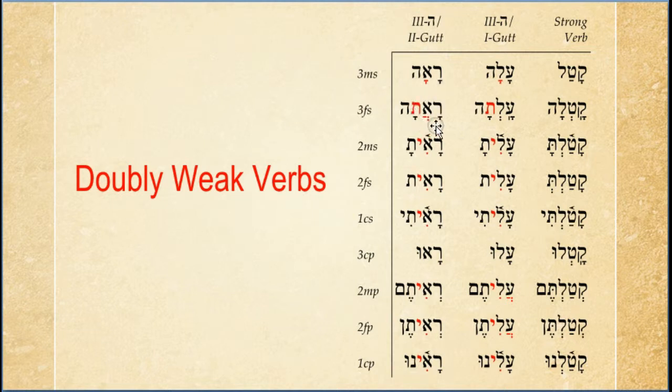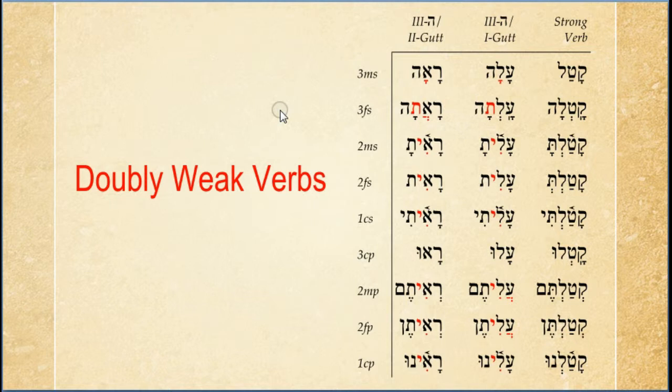So please look at that vowel and remember it, but you already know that rule, because when the guttural is in the second position and the verb is weak, and you get to third person feminine singular, you know that there's going to be a vocal shva there, so you know something has to happen because the guttural can't take a vocal shva. We already studied that rule, and this is where having a good grasp on paradigms will help you recognize what is what.